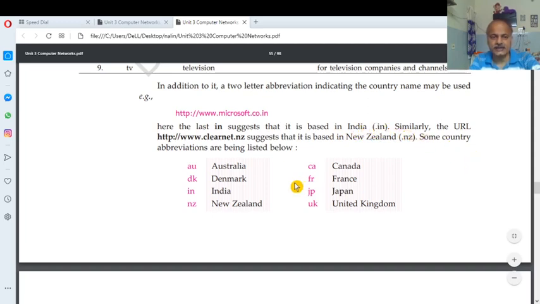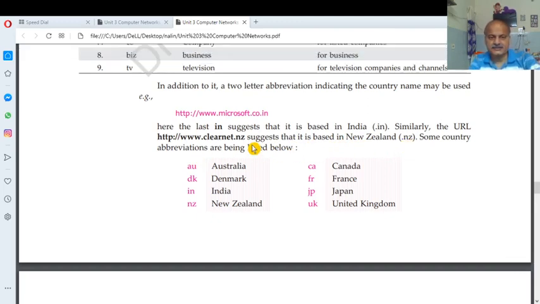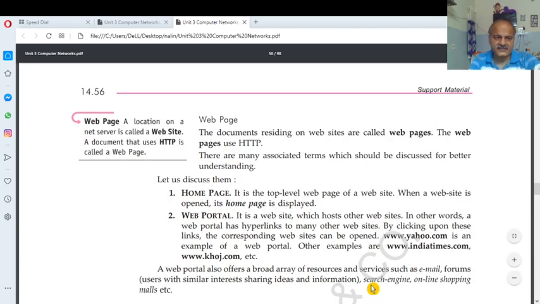Similarly, the URL http://www.clearnet.nz suggests that it is based in New Zealand; .nz. Some countries' abbreviations are listed below. AU, Australia. DK, Denmark. IN, India. NZ, New Zealand. CA, Canada. FR, France. JP, Japan. UK, United Kingdom.